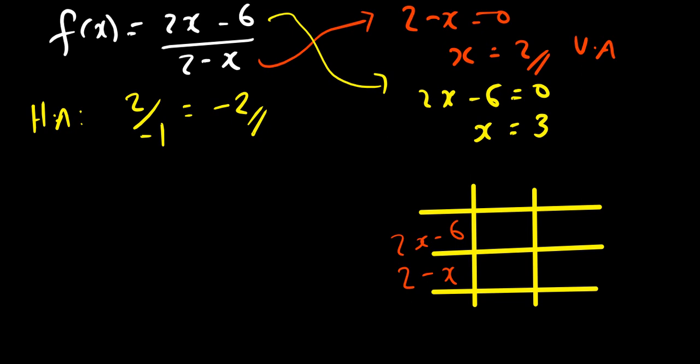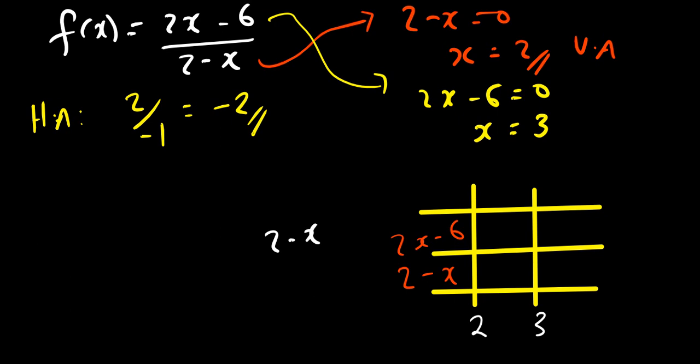One gave us a 2, the other one gave us a 3. So what do we do now? Let's start with which one gave us a 2. It was this equation. That equation gave us a 2. So we're saying 2 minus x.